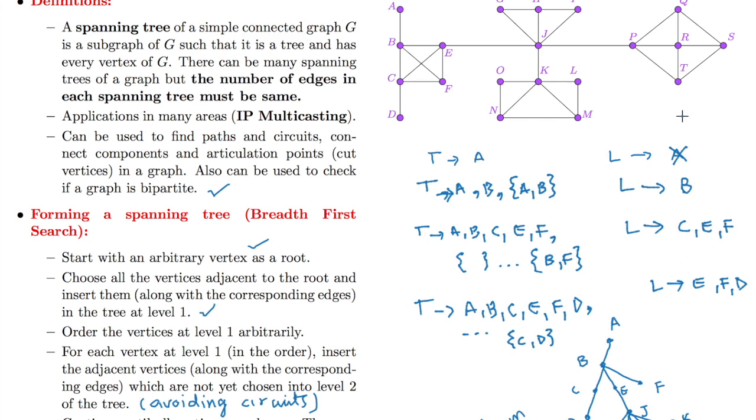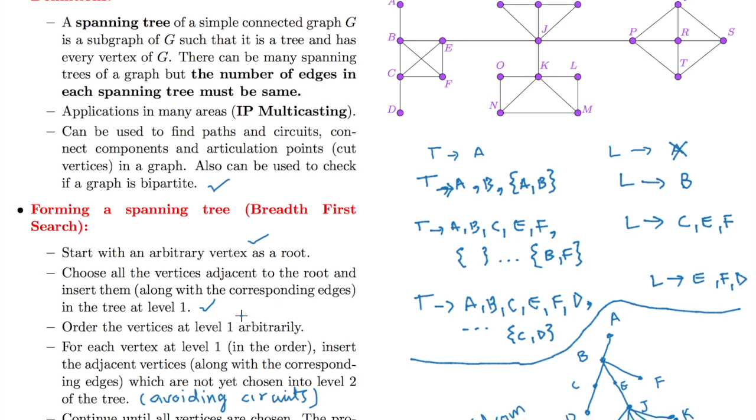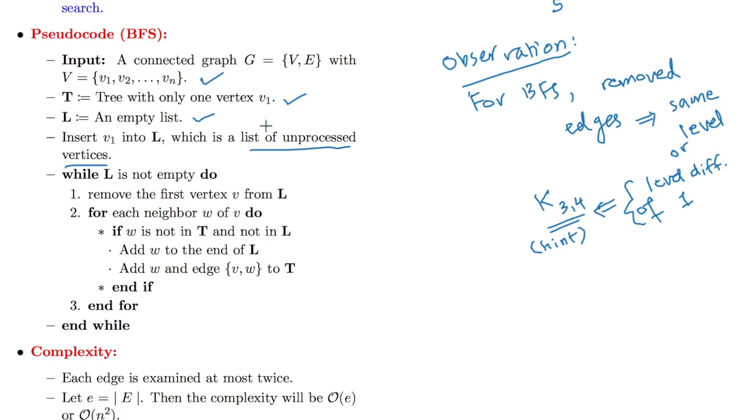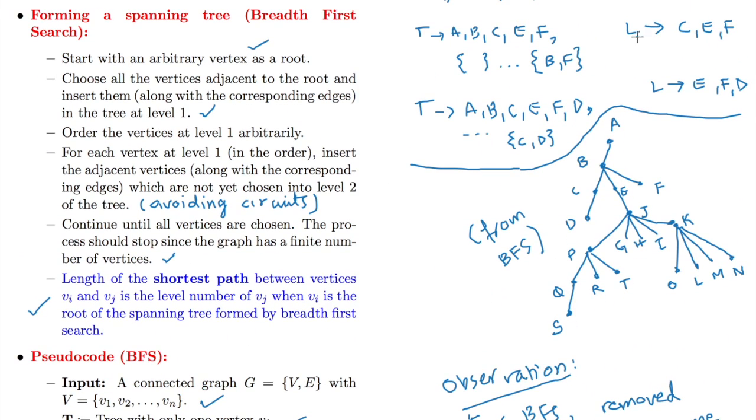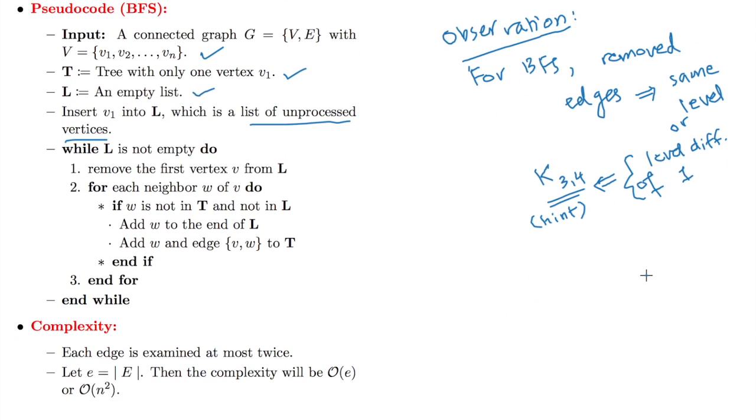L will be empty when I have reached this S here. So this is the pseudocode to actually program a breadth first search using a graph with a given set of vertices and edges. If we keep doing this, we will get exactly this spanning tree if we start with the root A and use the same ordering as in the explanation. Now let's do the complexity.